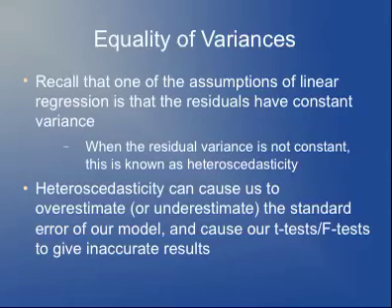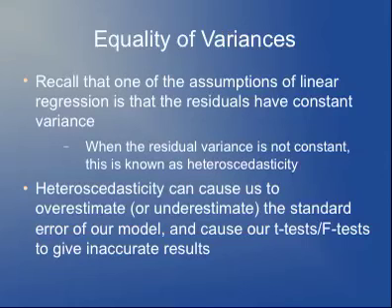If the residual variance isn't constant, then you have heteroskedasticity, which is my all-time favorite weird statistics word to whip out to impress people at parties. Heteroskedasticity, I guess it was Erica that went over this, can cause you to overestimate or underestimate the standard error of your model and cause the t-test or f-test to give incorrect results.